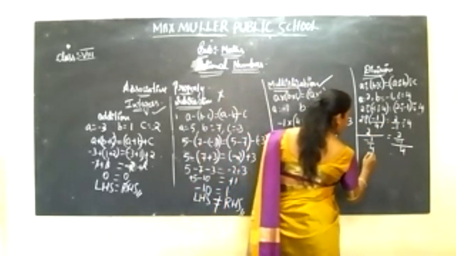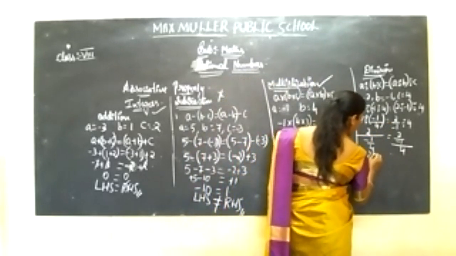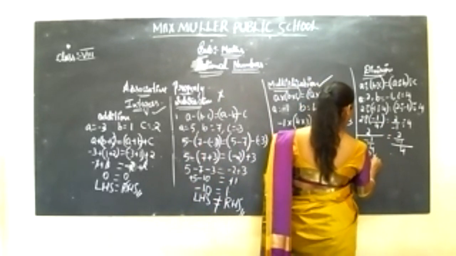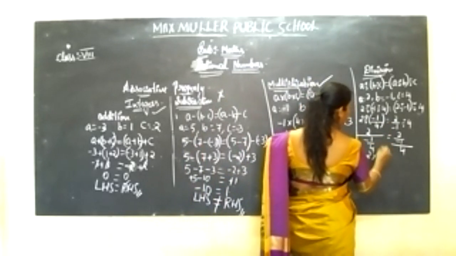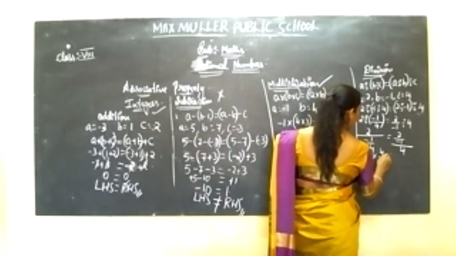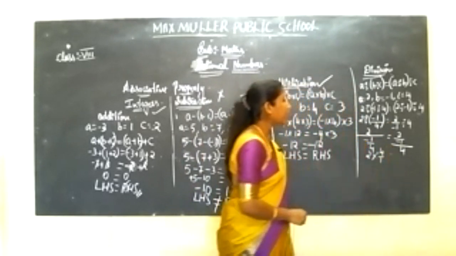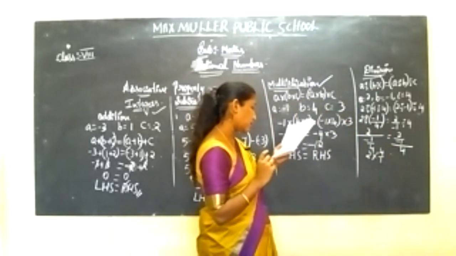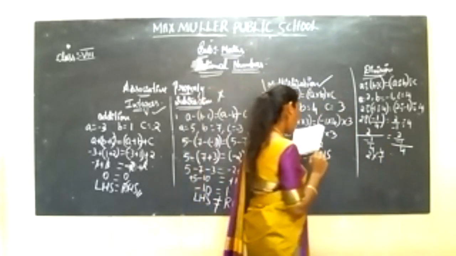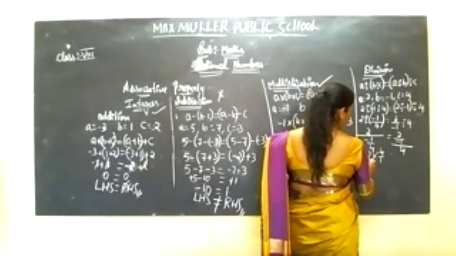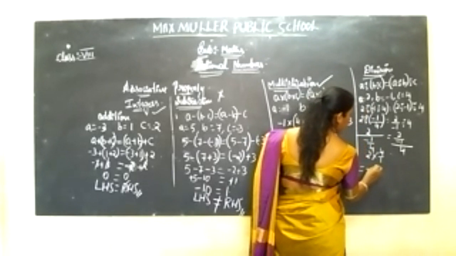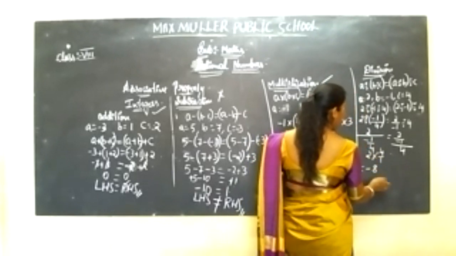That is, see, 2 into this 4 first, it will come divided by 1. 2 into -4 divided by 1, it becomes. So your answer here becomes -2 4s are 8.